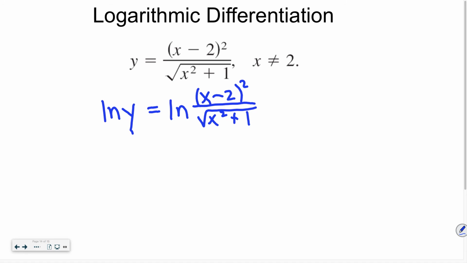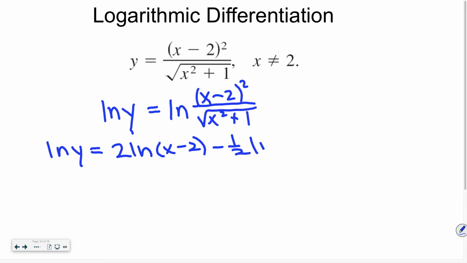Why are we doing natural log of both sides? So that we can do this. Instead of having to come up here and take the quotient rule, we have the option of using our logarithm properties to write this as 2 natural log of x minus 2 minus 1/2 natural log of x squared plus 1.